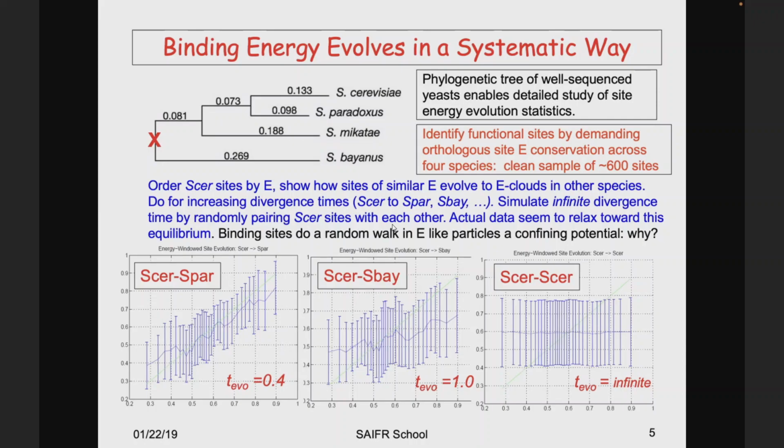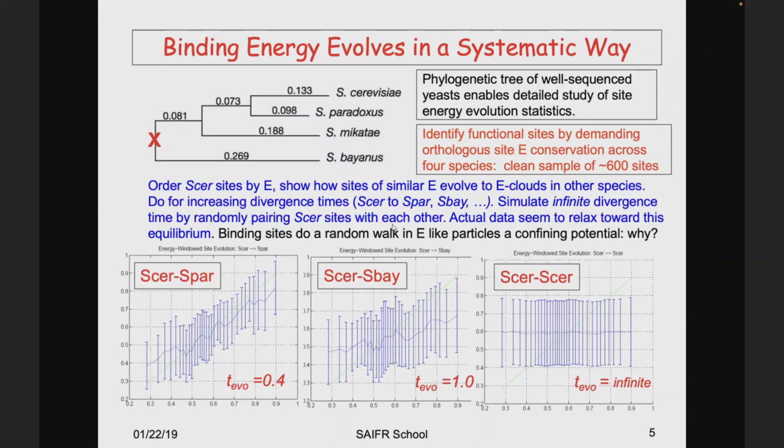So this is an example of the relationship between Serrapilheira, Paradoxus, Micate, and Bianus. Don't ask me what these guys are. Serrapilheira is the most common, it's the yeast we use for baking and all the rest of that. These other guys are around. They're known and they're sequenced.